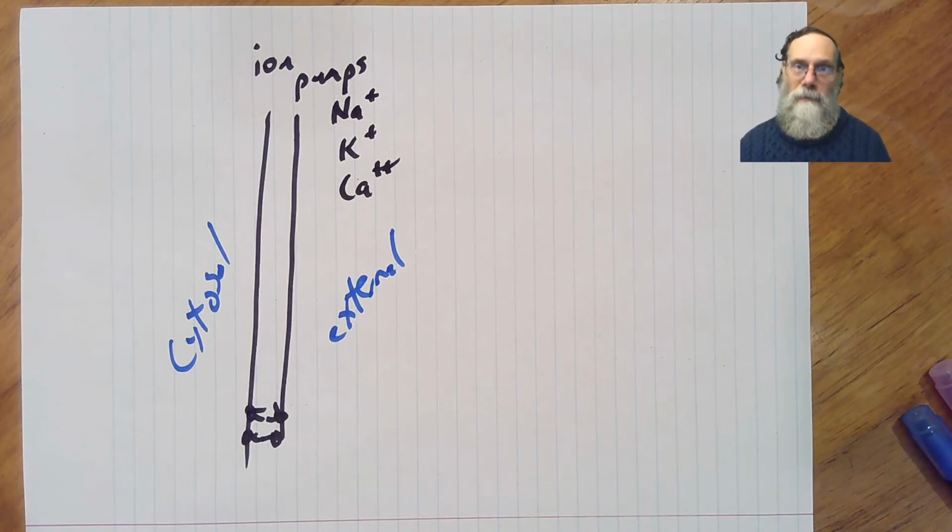So it takes energy to push something against the gradient, and the ion pumps use up energy, generally in the form of ATP, in order to establish a charge difference and a concentration difference for each of these ions.